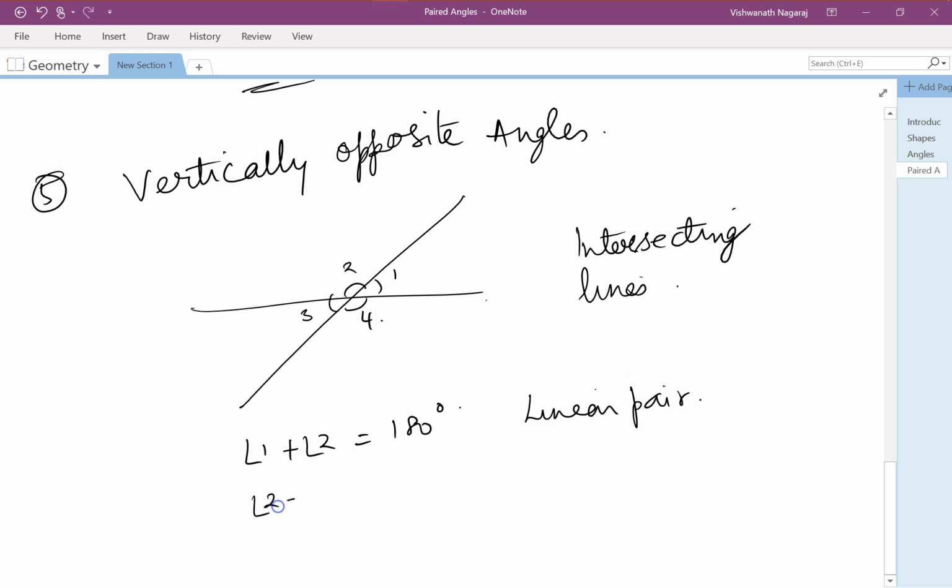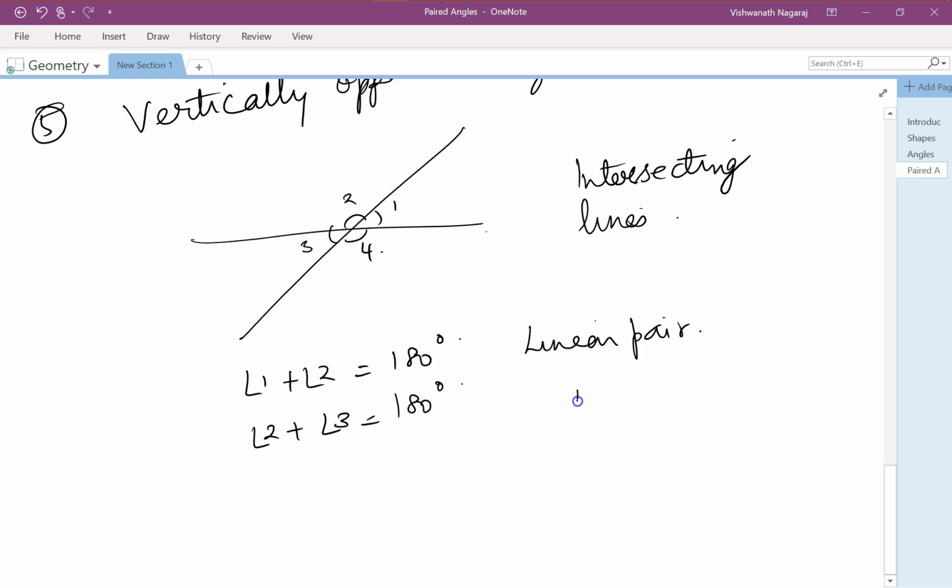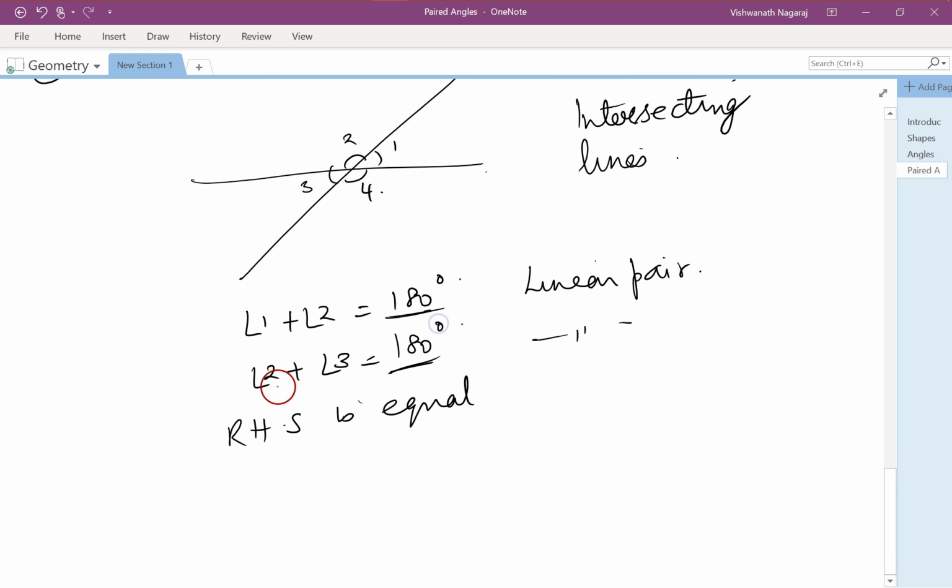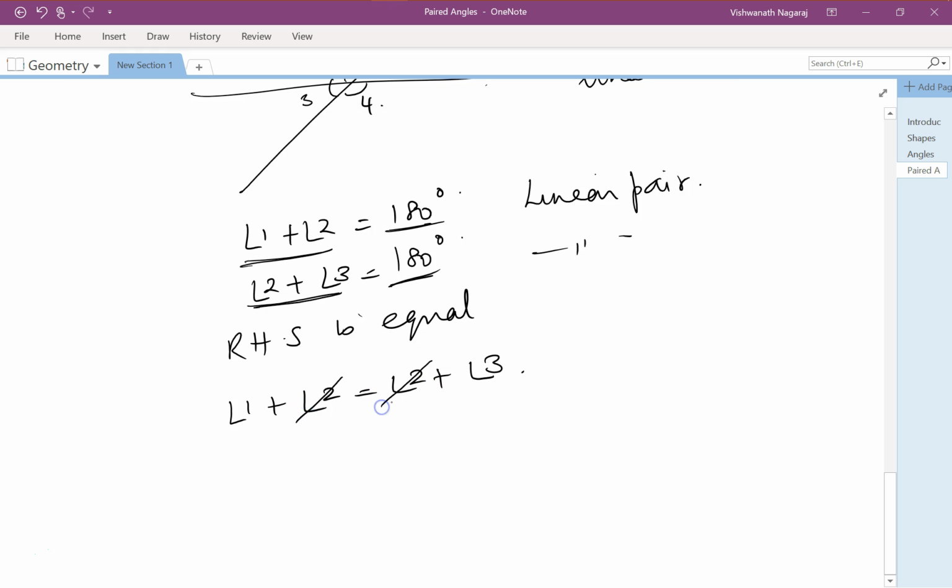Similarly, angle 2 plus angle 3 is equal to 180 degree. Yes, why? Because again linear pair, right? Now RHS is equal, right hand side, so that means these two are also equal. So which means angle 1 plus angle 2 equal to angle 2 plus angle 3. These two get cancelled. That means what?